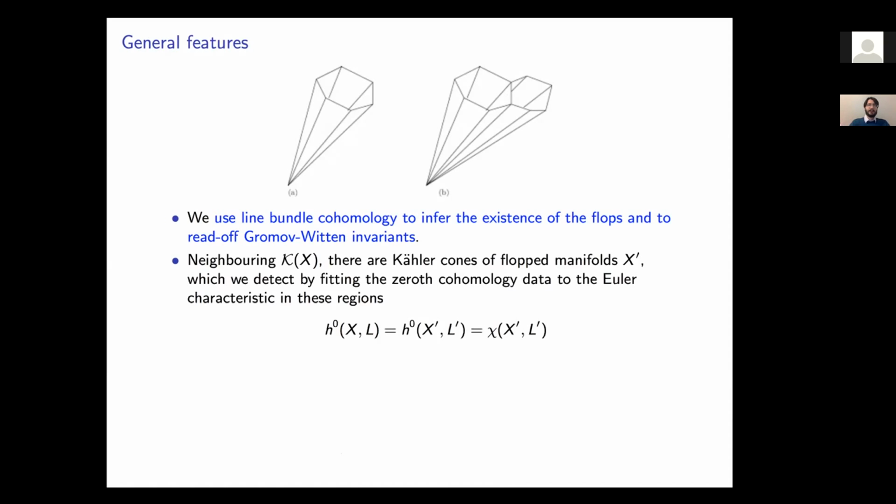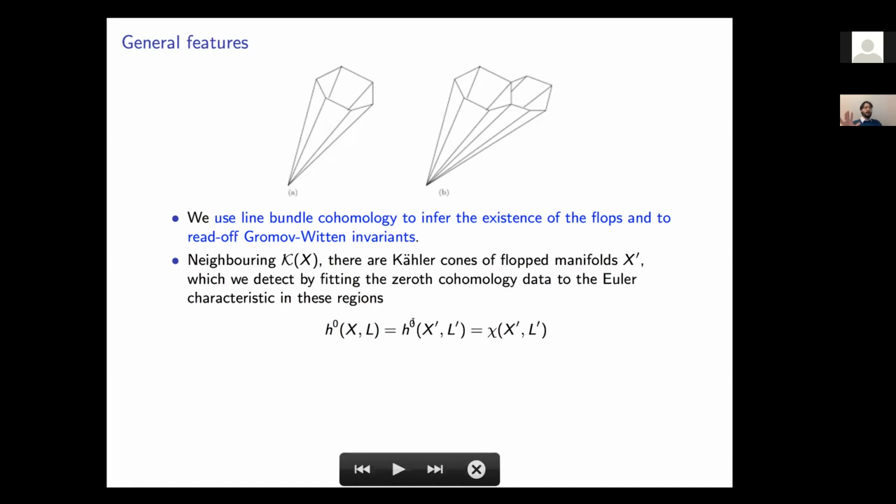And what you notice is that the way in which the triple intersection numbers and the C2 computed in this region are related to those in the original Kähler cone, precisely in the way in which is prescribed by a flop transition. And what is known is that under a flop transition, the H0 does not change.